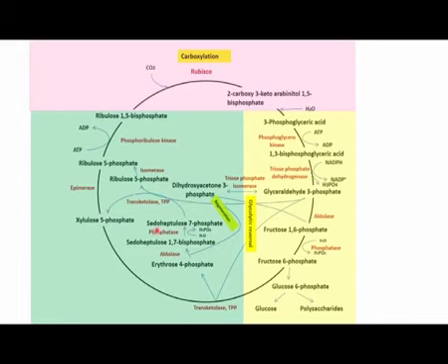So, sedoheptulose 1,7 bisphosphate, which is formed by the aldolase, then goes for a hydrolysis process, and that generates sedoheptulose 7 phosphate, which then goes for a condensation reaction with glyceraldehyde 3 phosphate, and that produces two molecules.